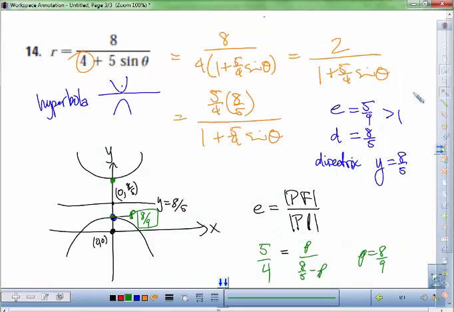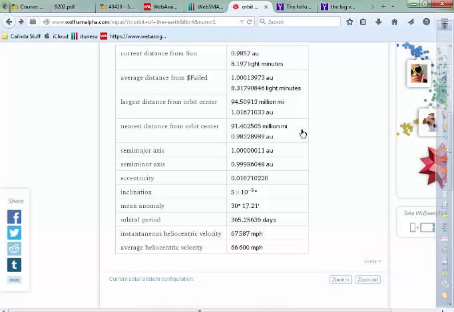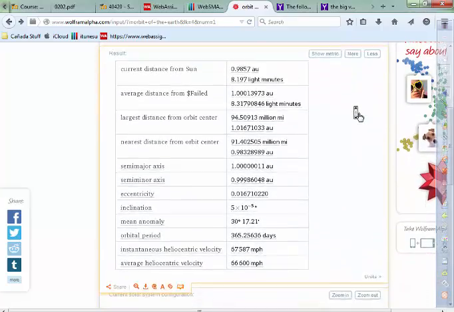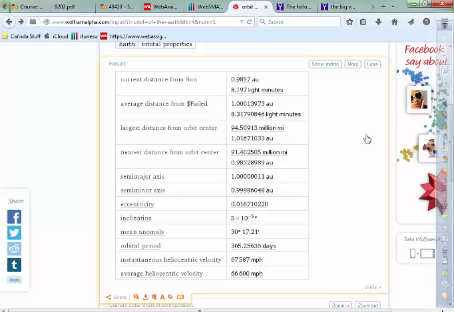Yeah. Okay. All right. What else? The Earth. Halley's Comet, the Earth. So let's take a look at this information about the Earth over here. I want to focus on the eccentricity and semi-major axis, and all that business.